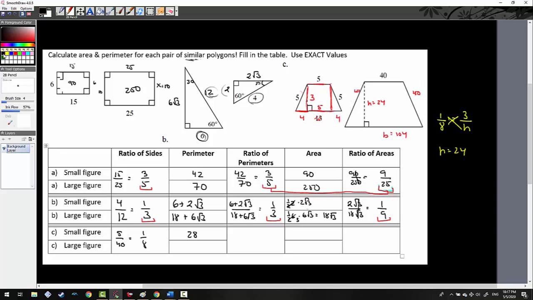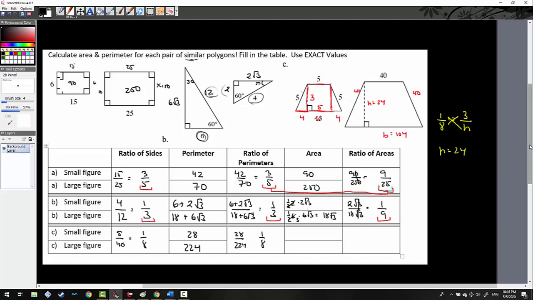So let's figure out what that is. The perimeter of the larger trapezoid is 40 plus 40 plus 40 plus 104. That all culminates into 224 units. The ratio of the perimeters is going to be 28 over 224, and you guessed it, that actually does reduce into 1/8. Not totally unpredictable, right?